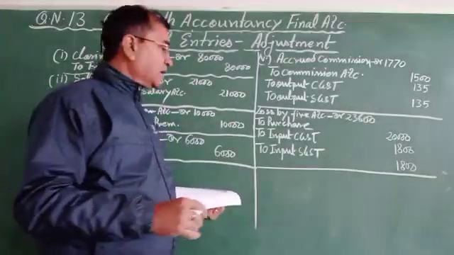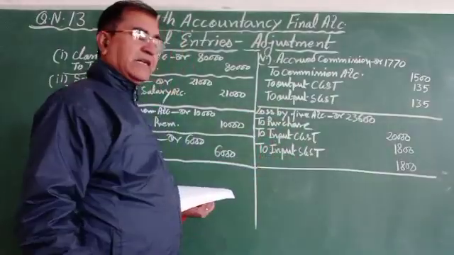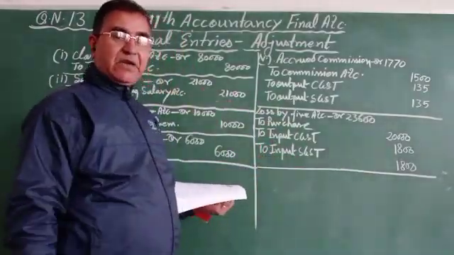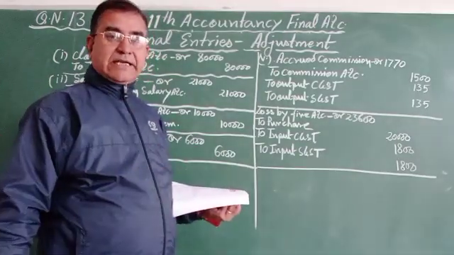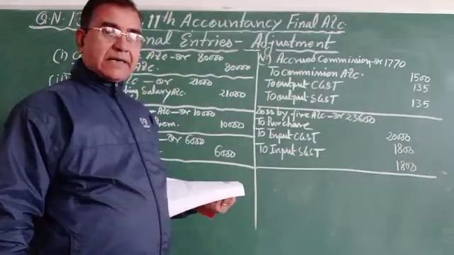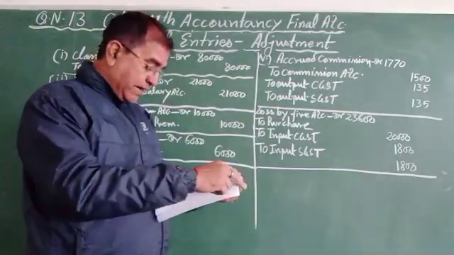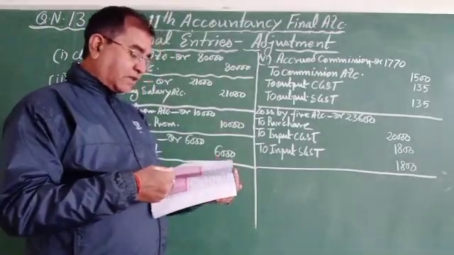Because of that, this input CGST and SGST will be deducted from the total input GST. And the company admitted the 15,000 only.